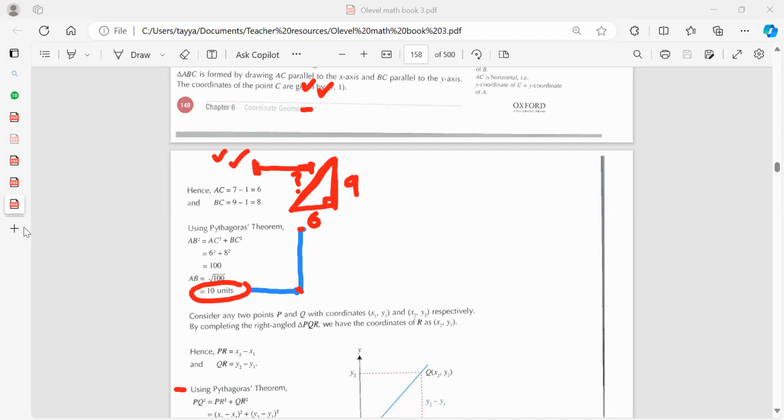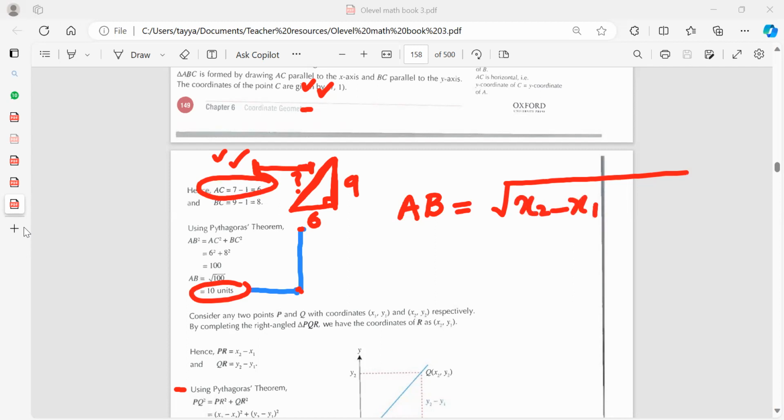So what formula did we develop here? AB is equal to the square root of which point? First, this is AC. AC is x2 minus x1.